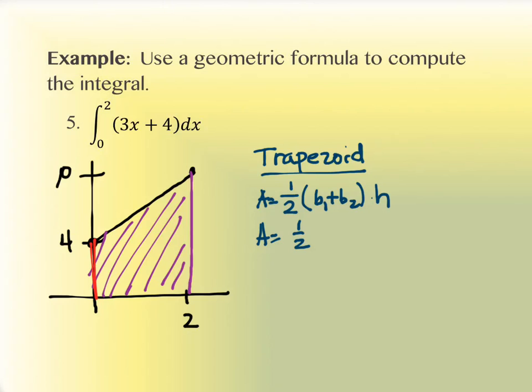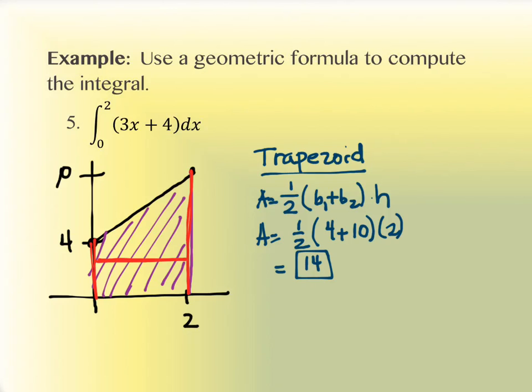The bases are the parallel line parts. So how long is the first base on the left? It's 4. And the base on the right is 10. The height is this distance right here, which is 2. All right, calculate this, you get 14.